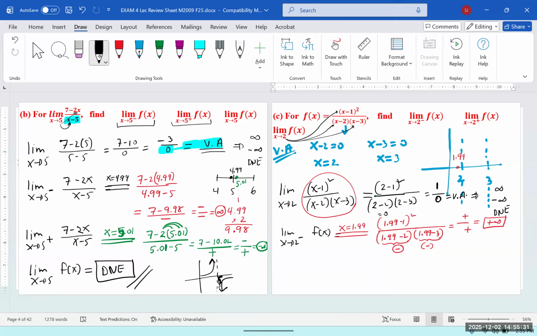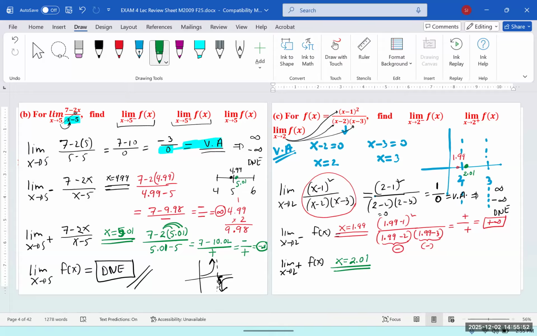Now we need to look at the right side. So the limit as x goes to 2 from the right side of this function. For the right side, let's say 2.01. So the x value is 2.01.